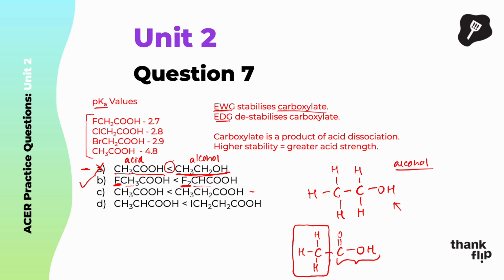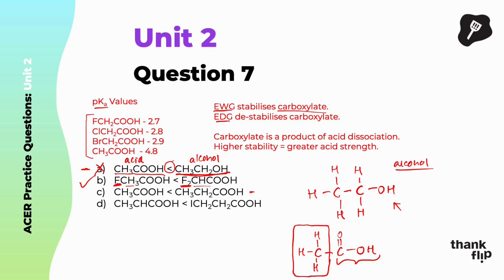So going to the next one here, you would also need to have the knowledge that a methyl group is going to be electron donating, especially because it's only a kind of single bond. It's going to be an electron donating group, or it's not going to be very electron withdrawing at all.